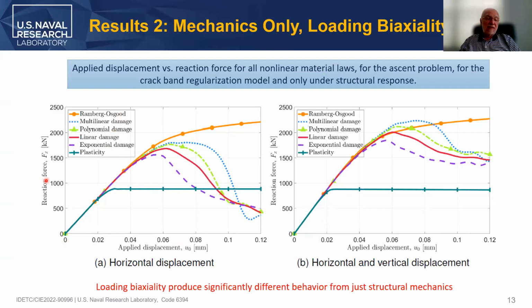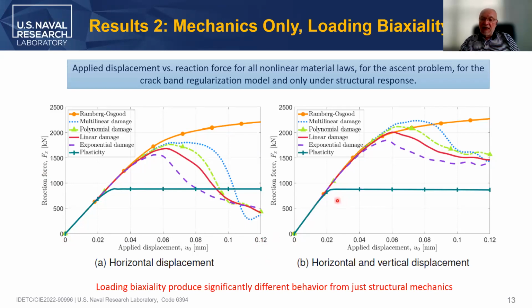And remember, this vertical axis is the reaction force experienced on the side of the joint that we keep fixed, and it's a global performance parameter, versus the horizontal axis, which is the applied displacement as a function of time, which goes up to 0.12, as you can see here.